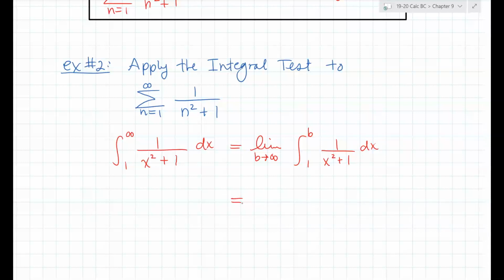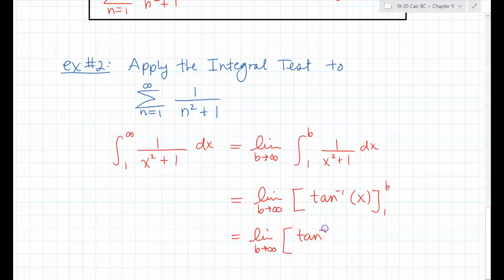So this basically integrates to the following: the limit as b goes to infinity of tangent inverse of x from 1 to b. Now we plug in our values: the limit as b goes to infinity of tangent inverse of b minus tangent inverse of 1.